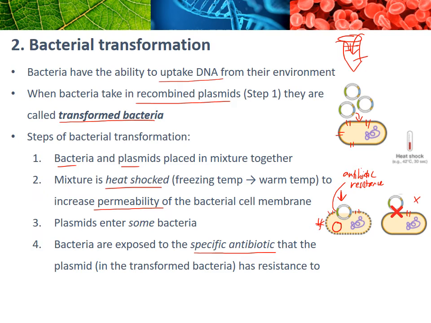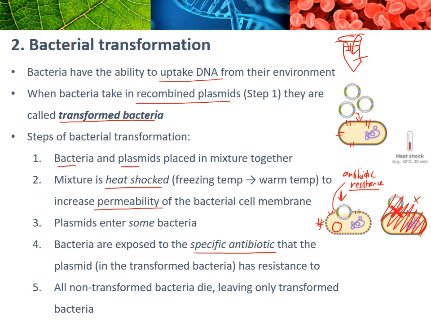If we know that the bacteria that have the plasmid have resistance to a specific antibiotic, we will put antibiotics on the plate of all of our bacteria, and all of these ones that didn't take in the plasmid will die. The non-transformed bacteria will die because they don't have the antibiotic resistance.